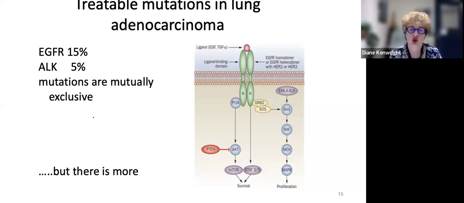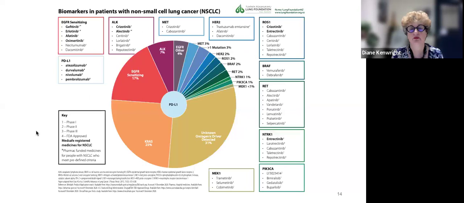These are only two of the many mutations that are present in lung cancer. There are many, okay? So what do we actually test for? What we test for is ones that have drugs that we can treat for, okay? So these are the MedSafe registered medicines in black here. So we test for EGFR because these medicines can be used to treat it.